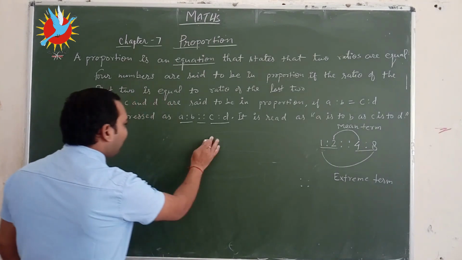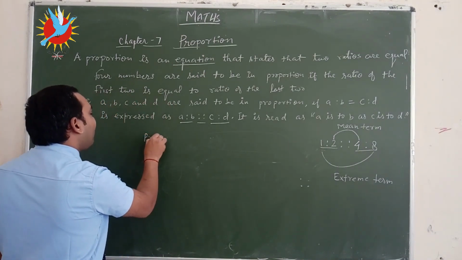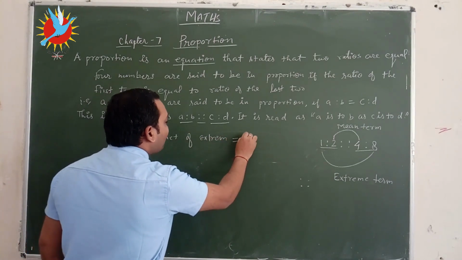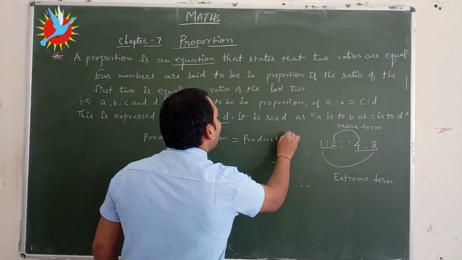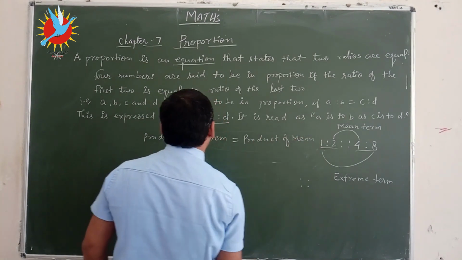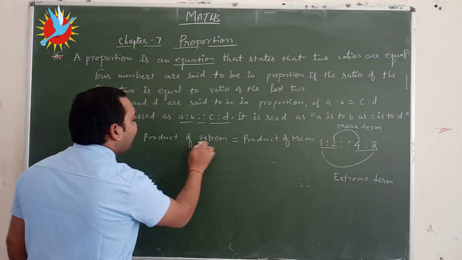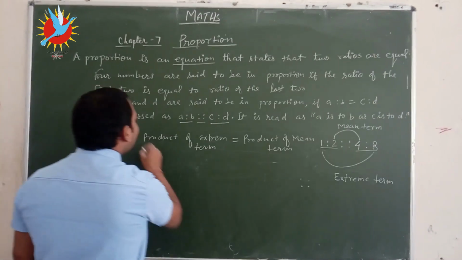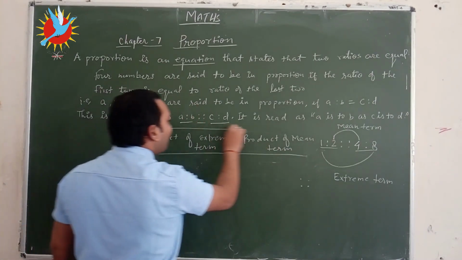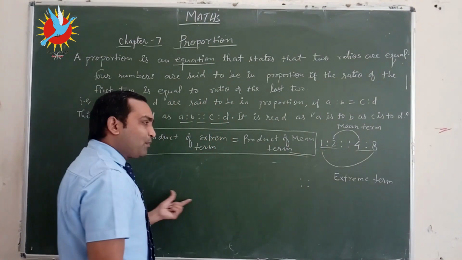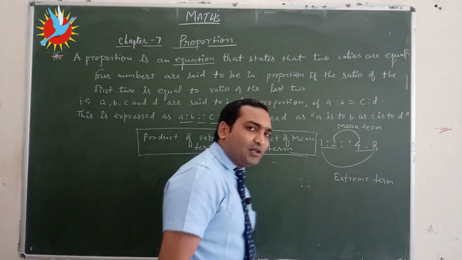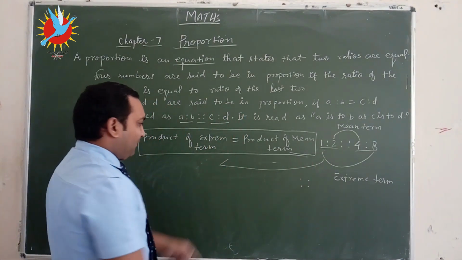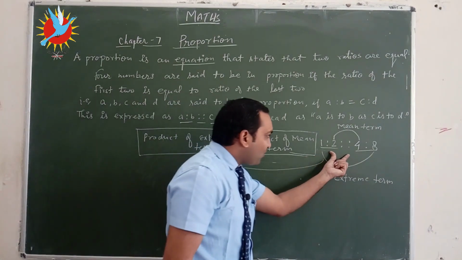Our second method: the product of extremes is equal to the product of means. If the product of the extreme terms is equal to the product of the mean terms, then we can say that the four terms are in proportion, or the two ratios are in proportion. Let us check whether this is in proportion or not.